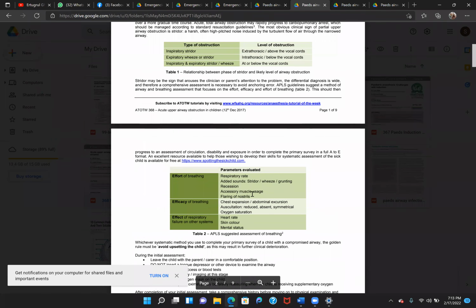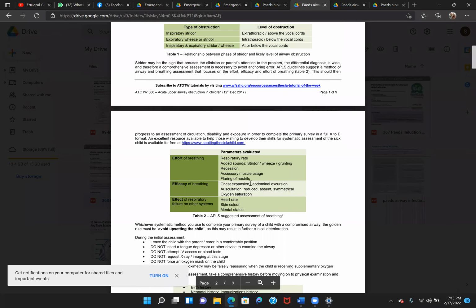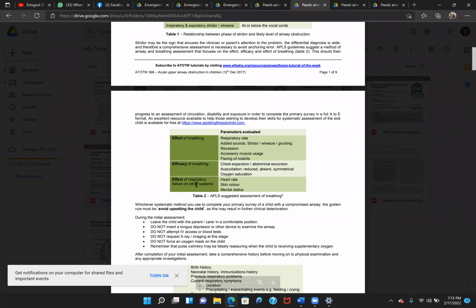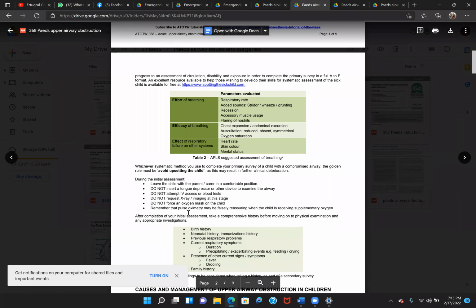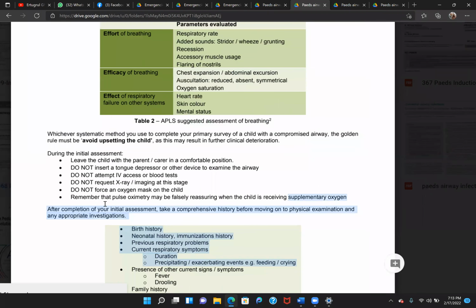Okay, and these are the things which we have already discussed. Okay, the effect of respiratory failure on other systems, as you told, about heart rate, and then cardiac arrest or mental status, color. Okay, and then these are the don'ts. Leave the child with the parent or carer in a comfortable position.